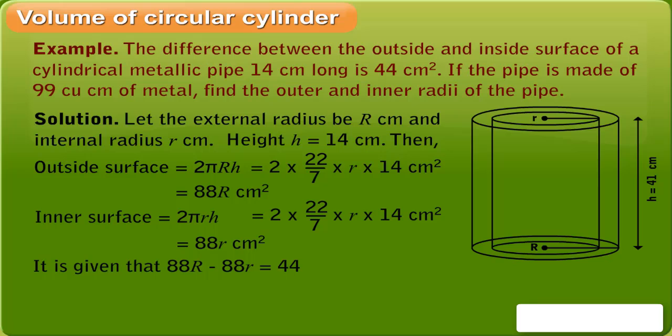It is given in the question that 88 capital R minus 88 small r is equal to 44. This is the difference between the outside and inside surfaces of a cylindrical metal pipe. From here, capital R minus small r is equal to 44 by 88. This is equal to 1 by 2. Call this as first.